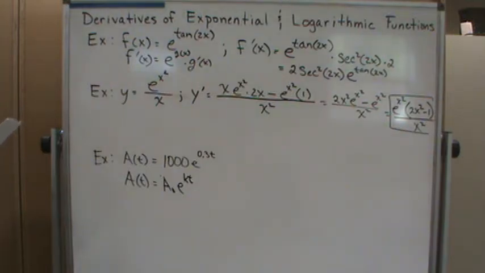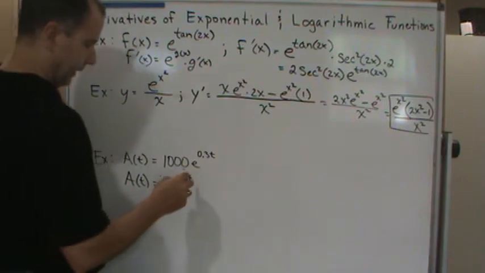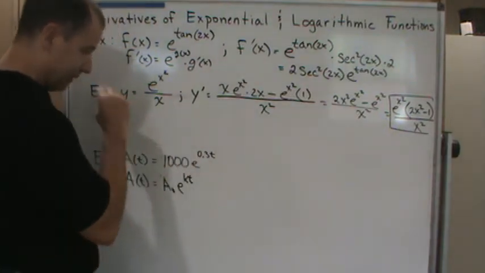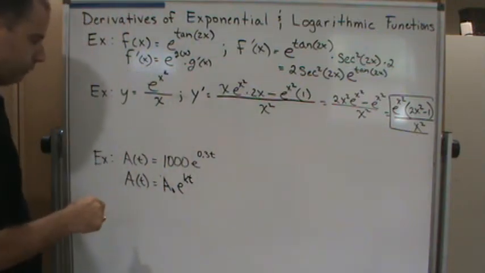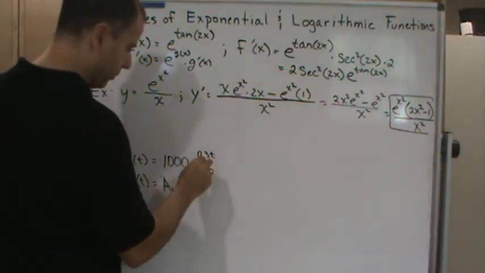Show that the ratio of the rate of change of the population A prime of t to the population A of t is constant. So we want to show that there's a constant rate of change. Now, the constant rate of change, I'm going to tell you, is going to be this 0.3.